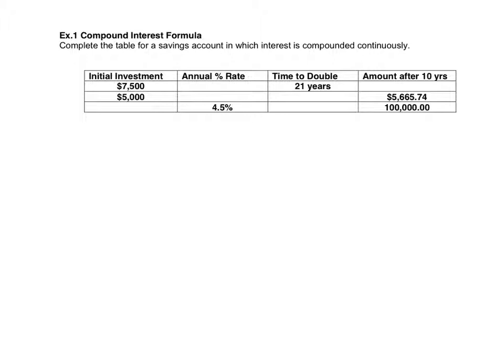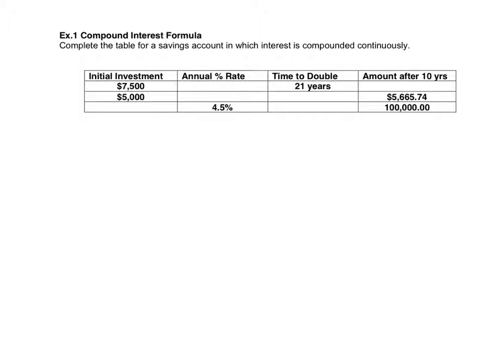If you'll look at the very first one, we've got an initial investment of $7,500. We do not know the rate, but we do know that it takes 21 years to double the investment. What we don't know is how much we have after 10 years.